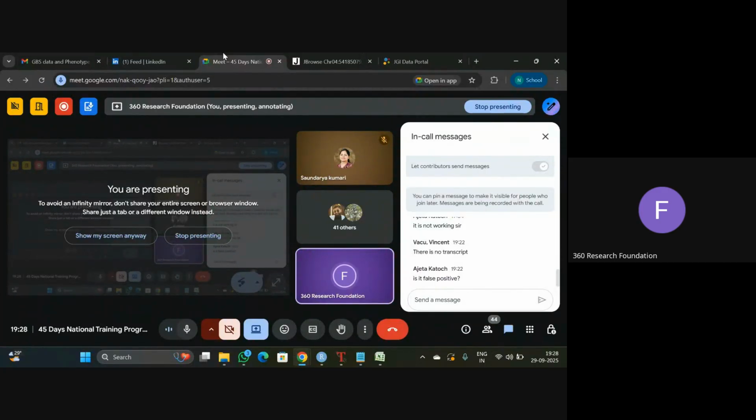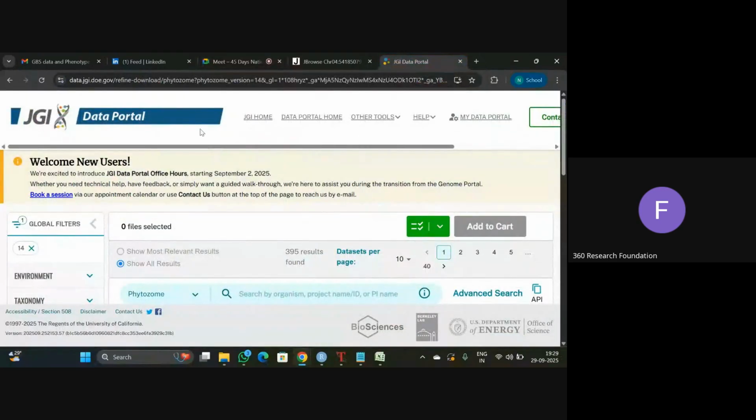Out of 40 members, is anyone working on Linux? No one? Linux, Ubuntu.